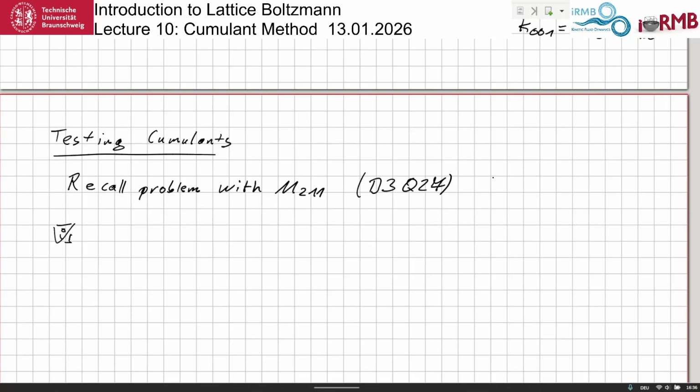In practice, the observation was that we get either overdamping, so very inaccurate results, or instability, depending on whether we use non-orthogonal moments or unweighted orthogonal moments. Now, my text is a little bit inaccurate, but I leave it at this.